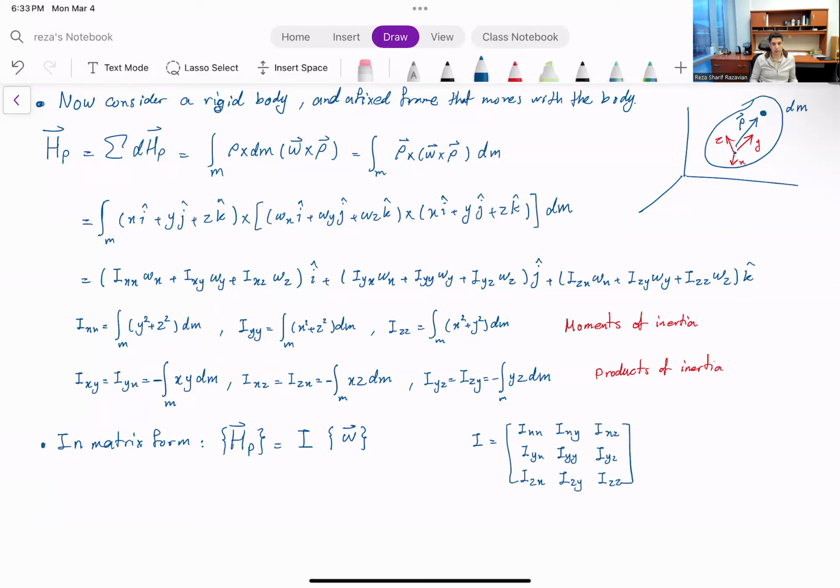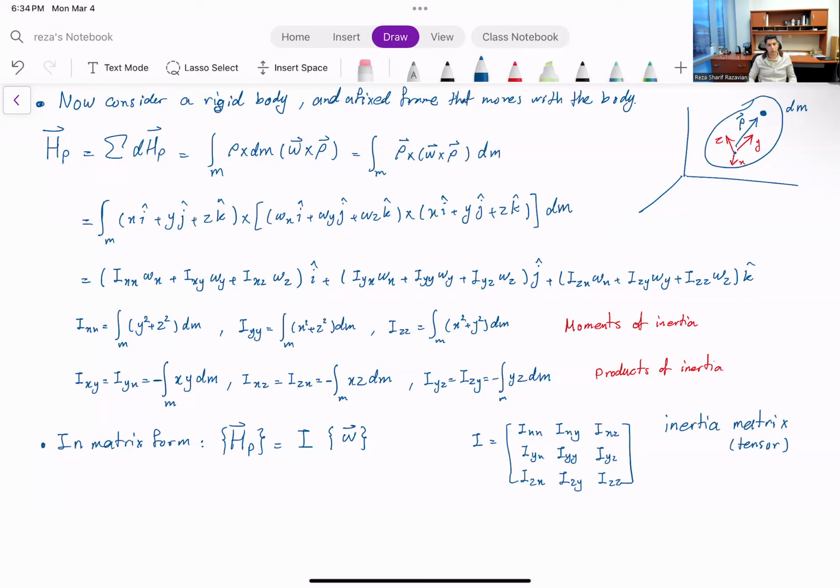So if you define this matrix, you can very easily go from your angular velocity to your angular momentum. And this is a very important matrix. It's called the inertia matrix or inertia tensor.